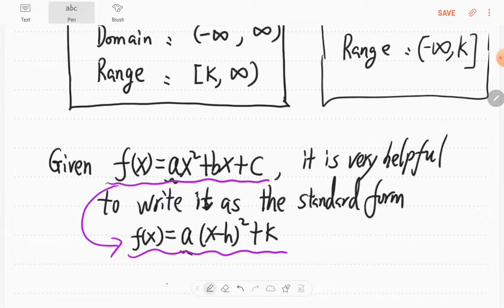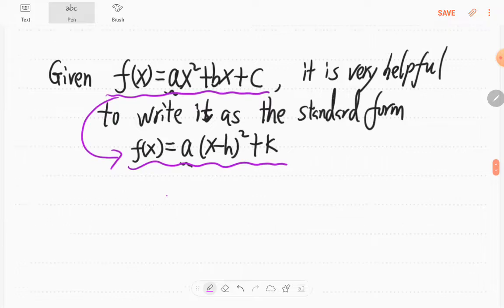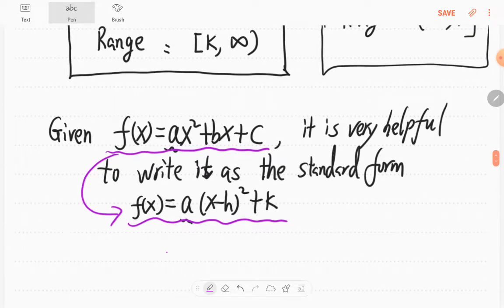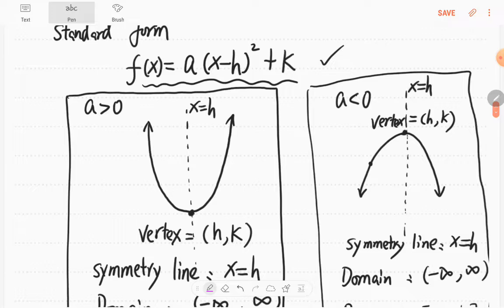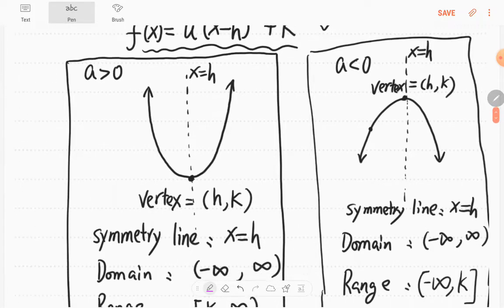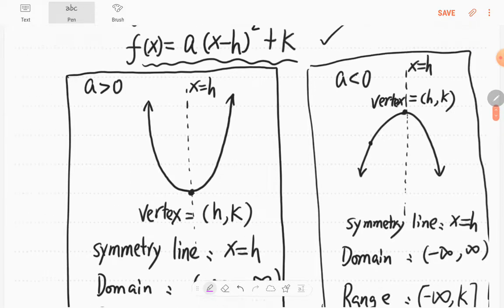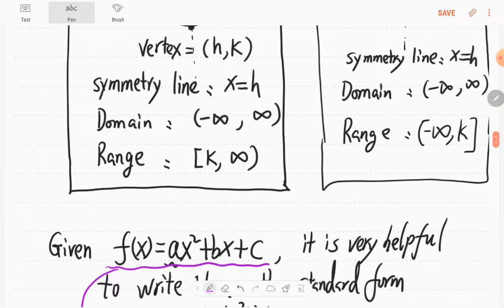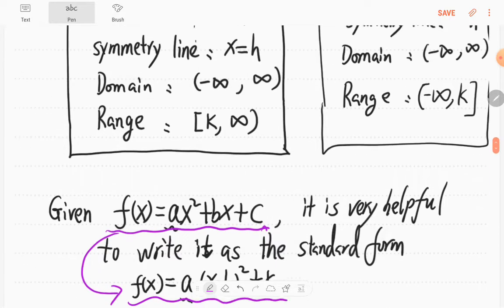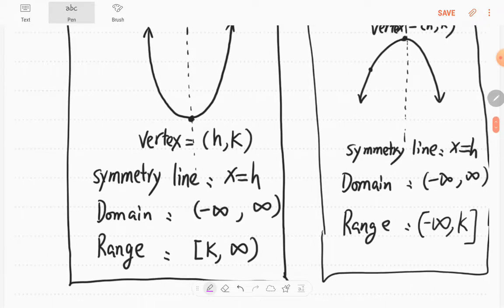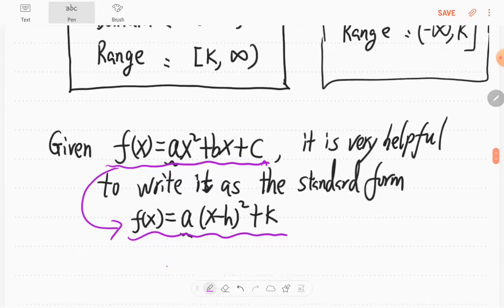This is very important, because if you have the standard form, you can draw the graph directly, find the symmetry line, and find the vertex directly. Otherwise, from the original one, it's very hard to identify the graph and the vertex directly.